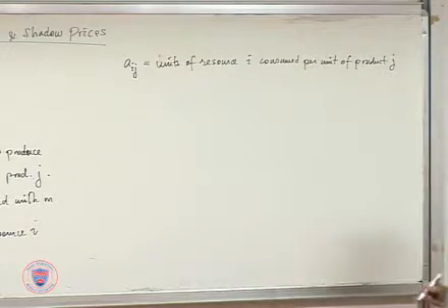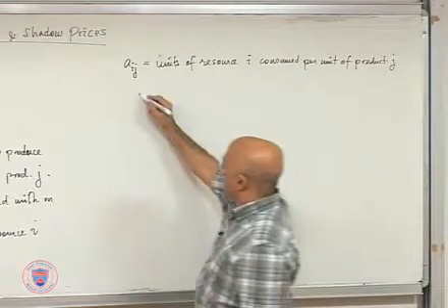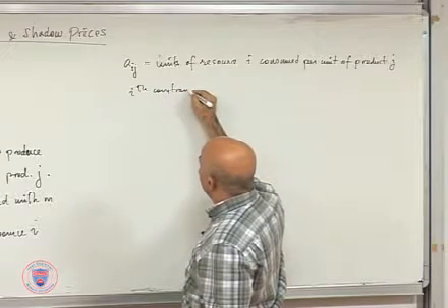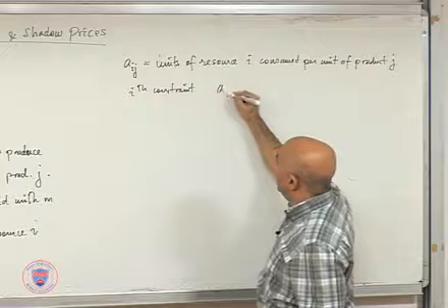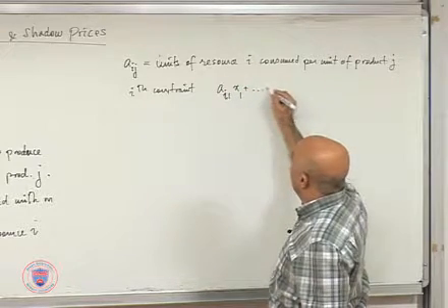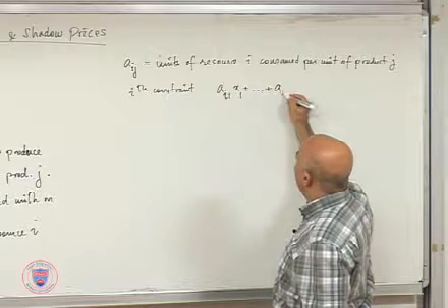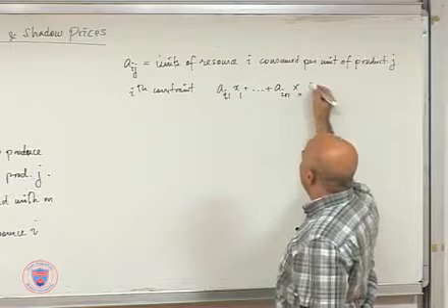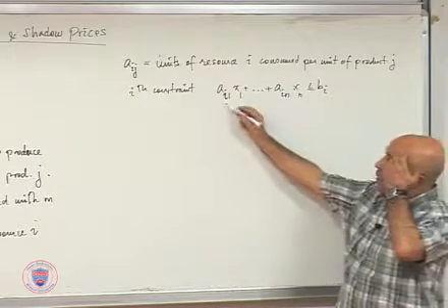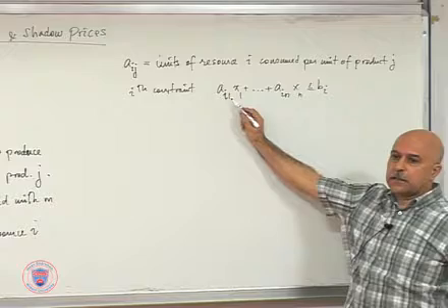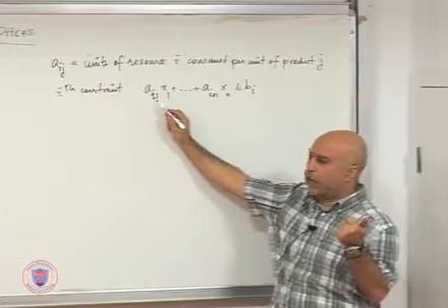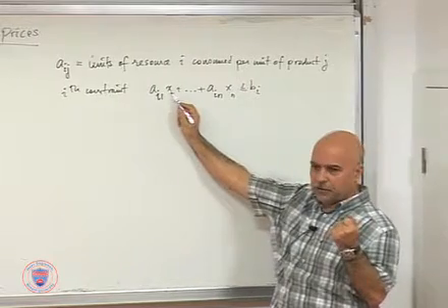Okay. So if you look at the ith constraint, it simply tells you Ai1 x1 up to Ain xn less than or equal to bi. Now, the first term here, Ai1, is the number of units of resource i consumed by 1 unit of product 1.